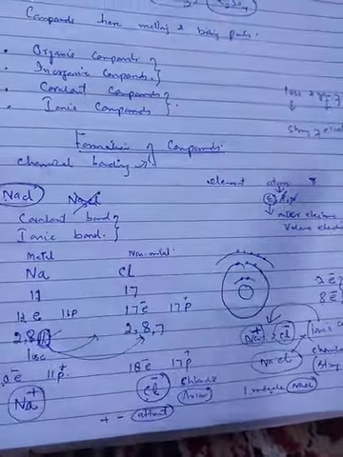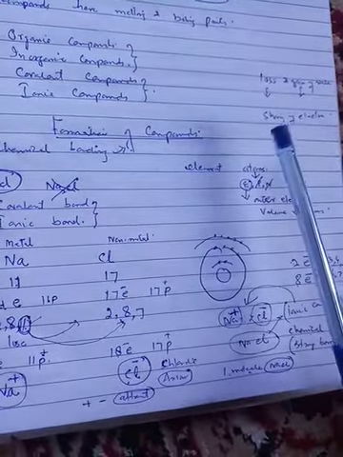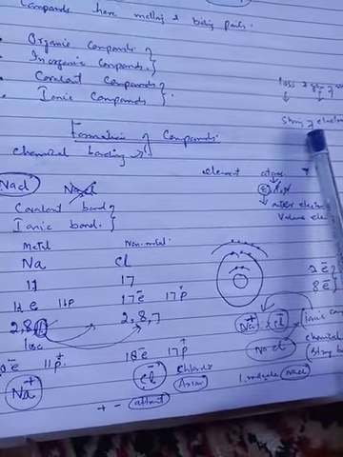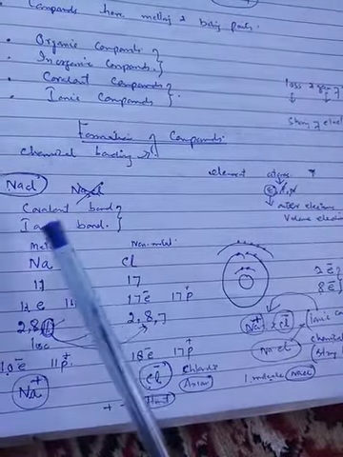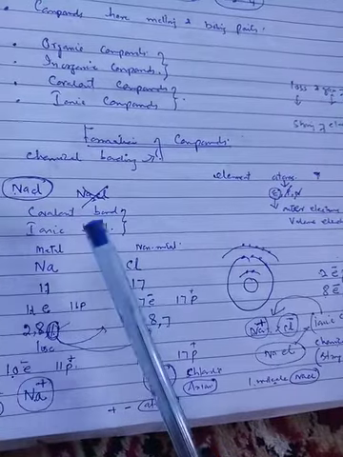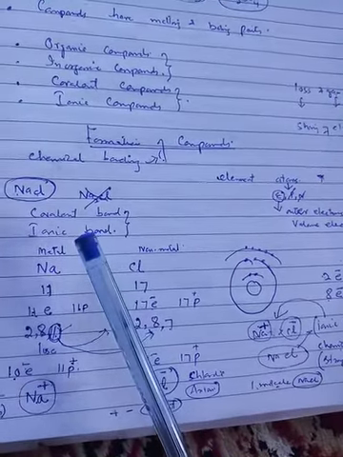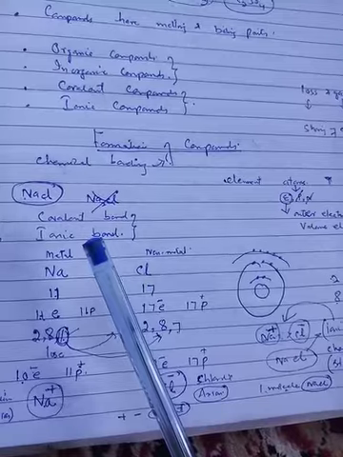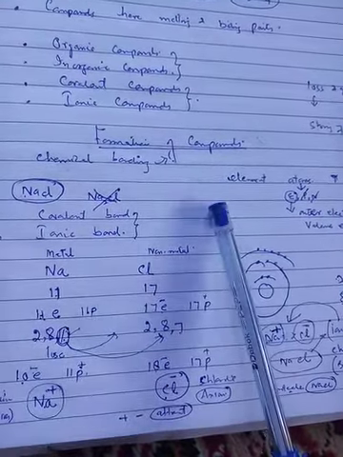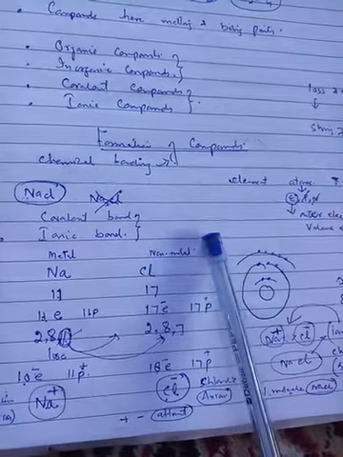And those compounds which are formed as a result of sharing of electrons between two elements are called covalent compounds. So dear students, on the basis of chemical bonding in the elements, we have two types of compounds: one is covalent compound and another is ionic compound.